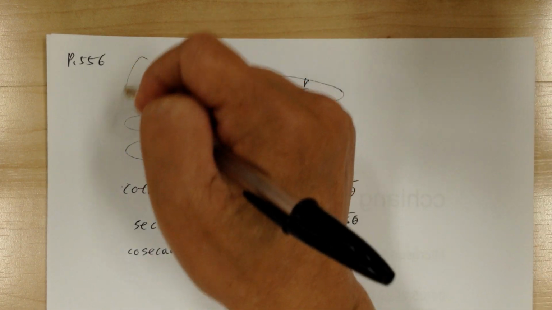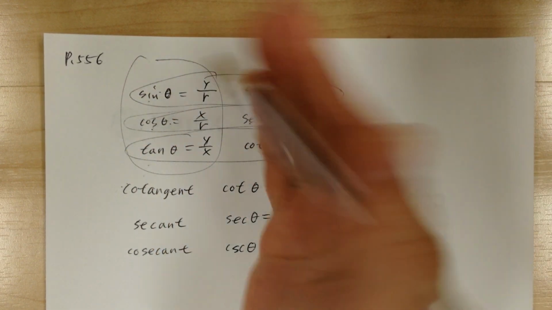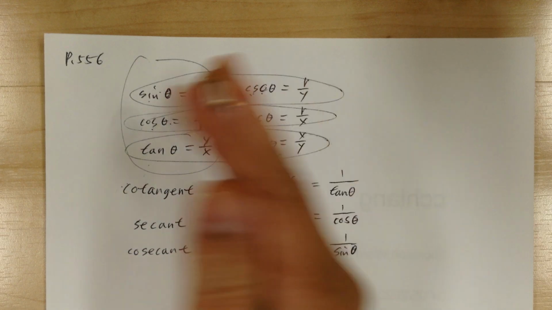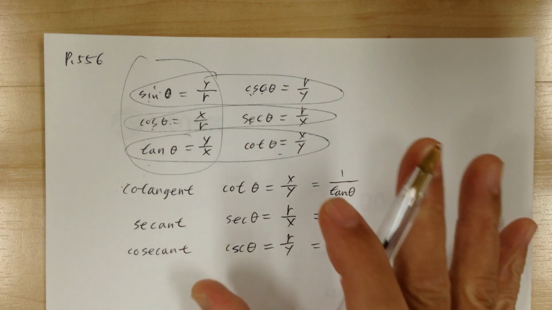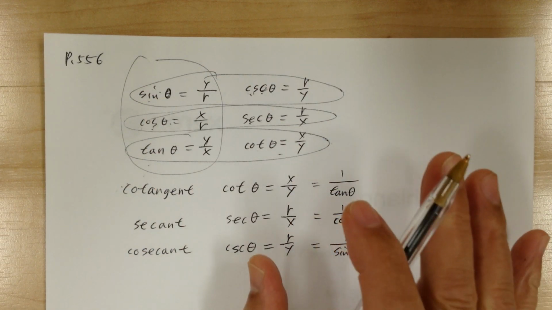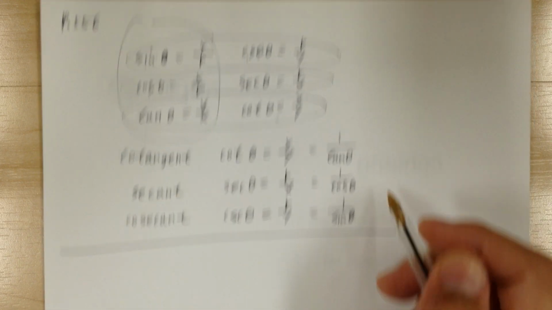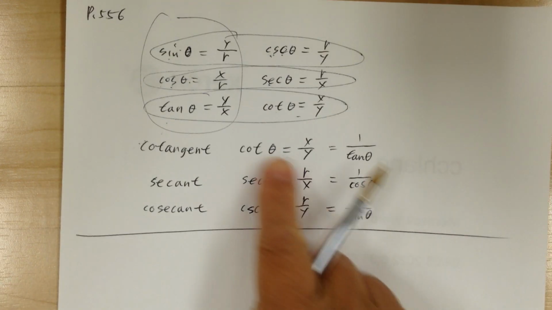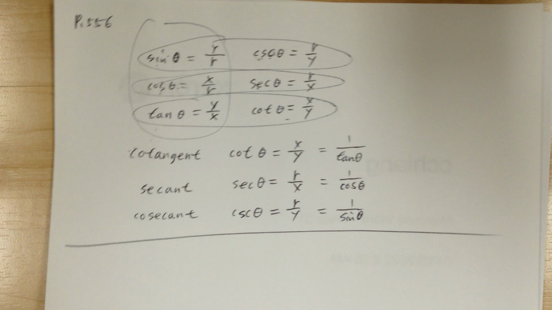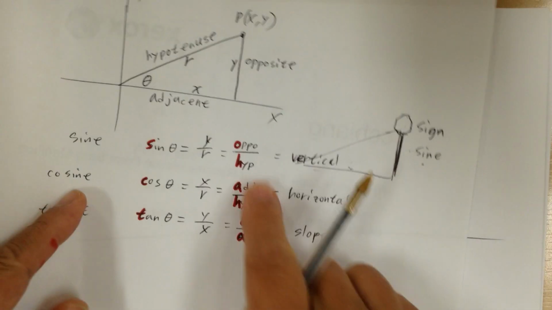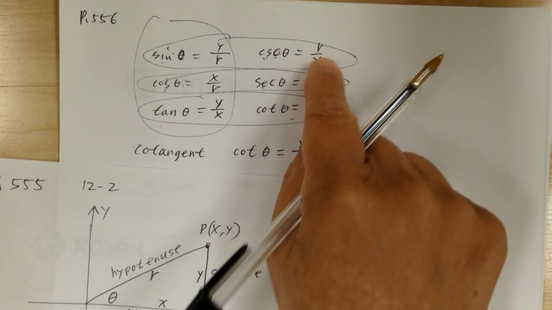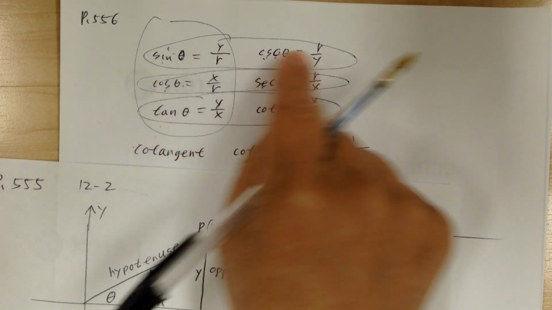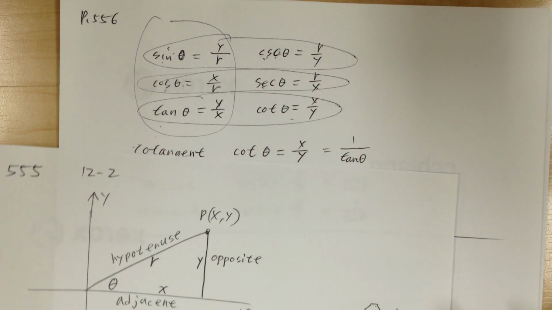So if you can memorize these three, the other two are just reciprocals. And you have to know which one goes with which. Okay? So again, these are basic definitions that you need to know. Okay? So make sure you know these functions. Make sure you know your basic ones. And after that, you just know which is the reciprocal of the primary function.